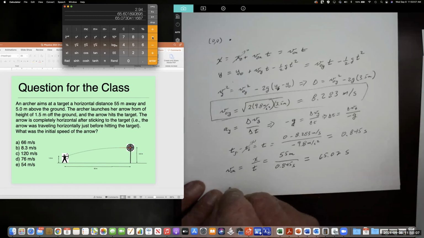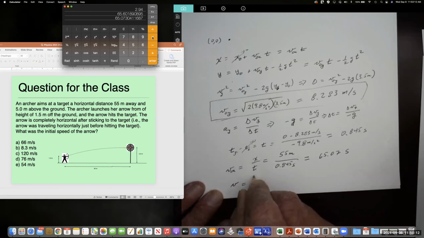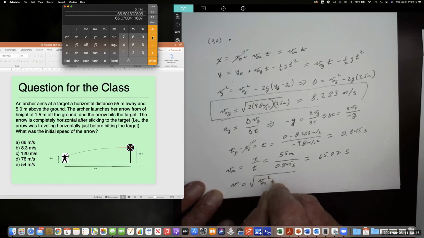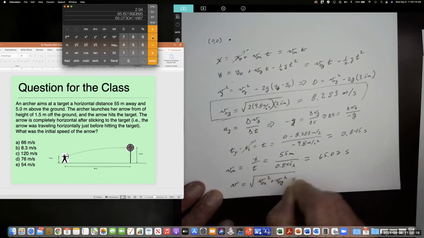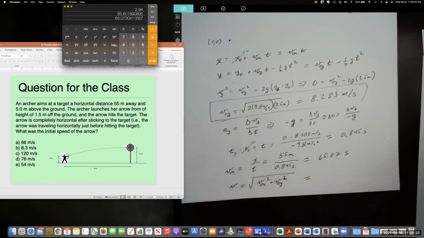And so v, our speed, not the vector, is equal to the square root of v0x squared plus v0y squared, which is equal to, so I'll square this, 8.283 squared.